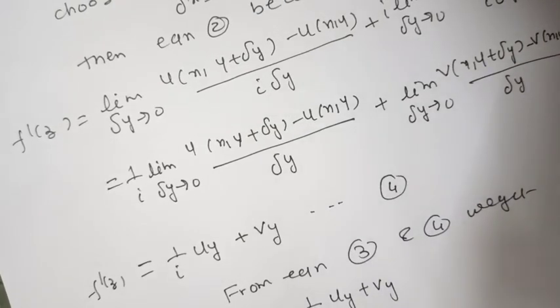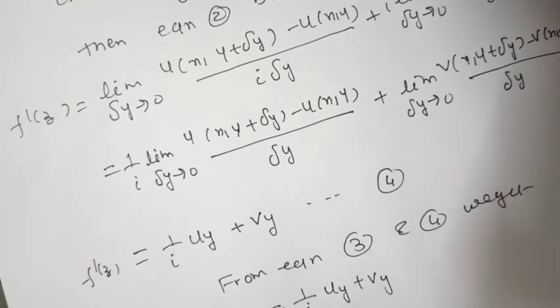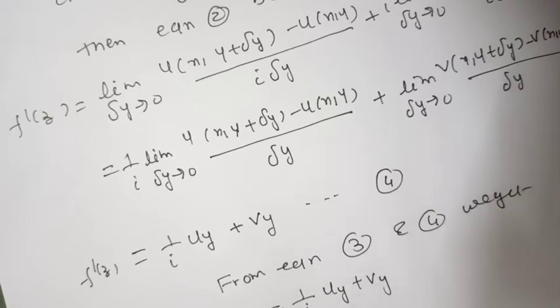That is ux plus i times vx, here multiplying and dividing by i, equals minus i uy plus vy, that is vy plus i times minus of uy.